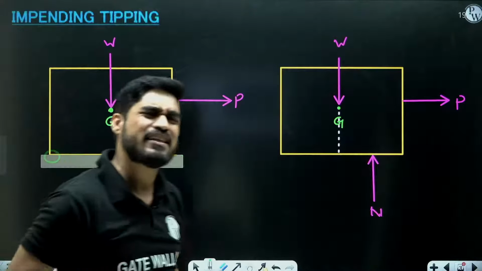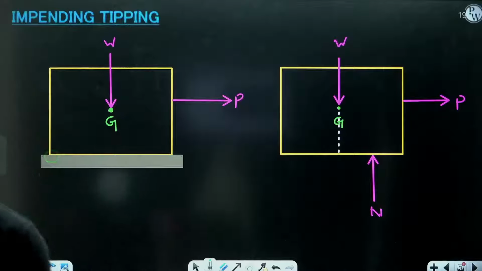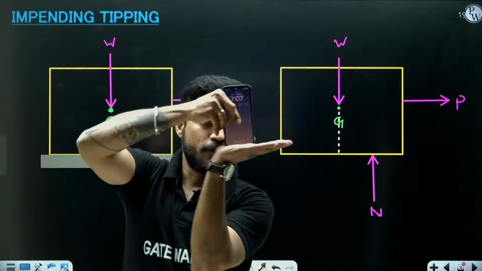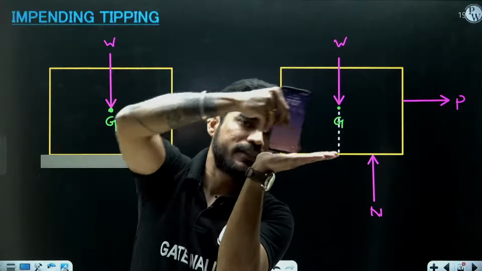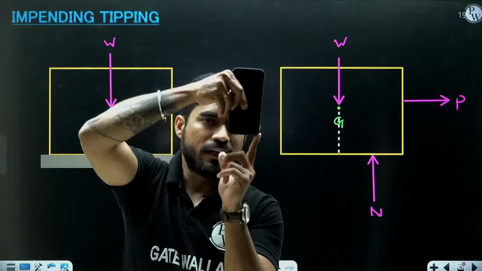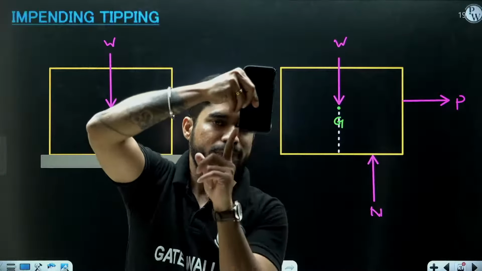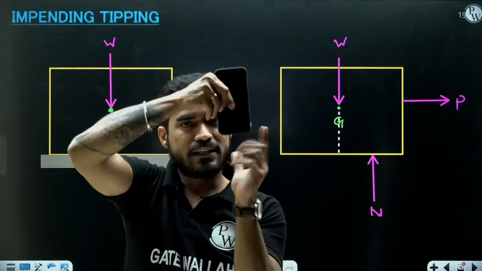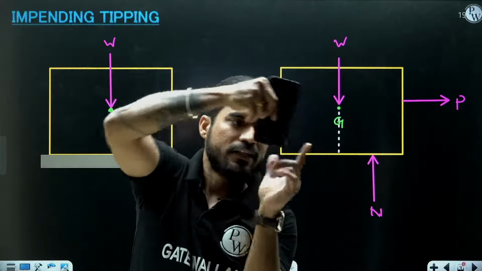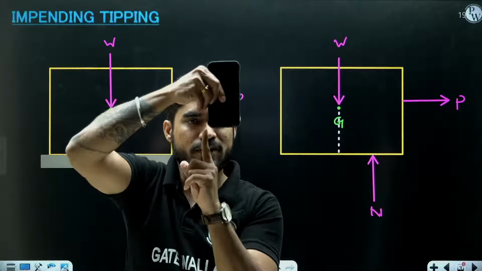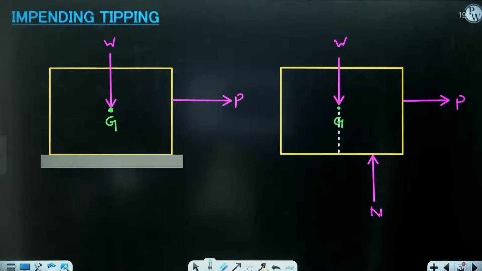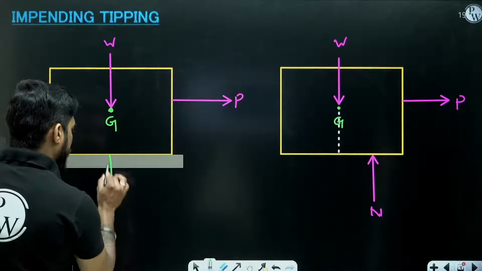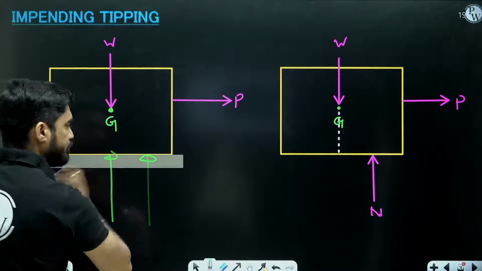And you will understand this practically also. Assume that you are trying to move a block like this. You will feel that if you are moving it towards this side, then at this corner the forces will be greater compared to this corner, right? Although the entire surface is touching, as I am moving it like this, the forces at this end will be more compared to the forces at this end. And due to this, the resultant force shifts from the center towards the right.